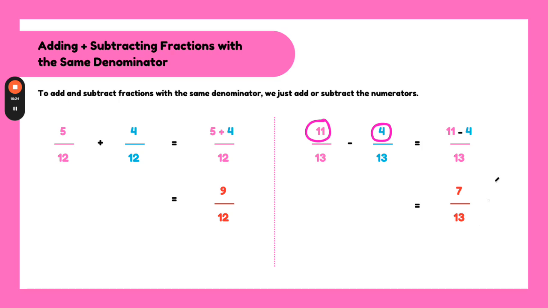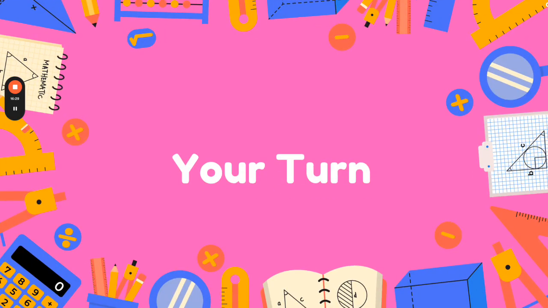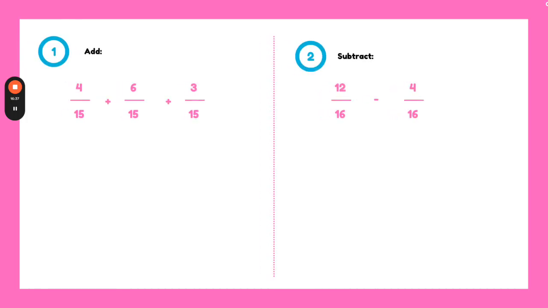So it's very simple, fairly straightforward. And now it's your turn to have a go at some questions. So I'd like you to pause the video and have a go at these questions, and we'll have a look at them together.